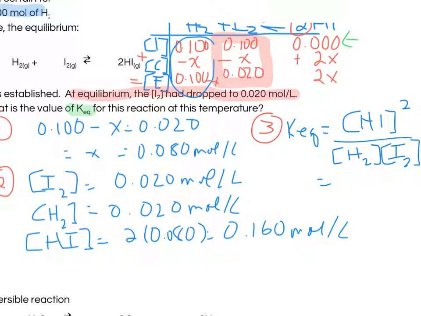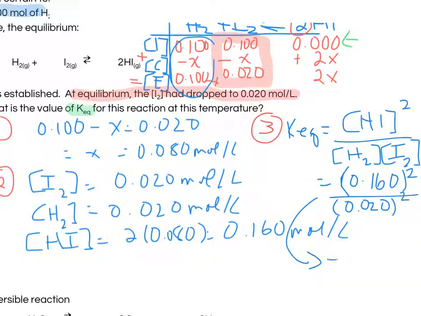So HI, you'll remember, has a concentration of 0.160, and I'm going to square that value. And then I've got 0.020 for both H2 and I2, so I'm simply going to square that. Okay, here's my answer down over here. Working that out.